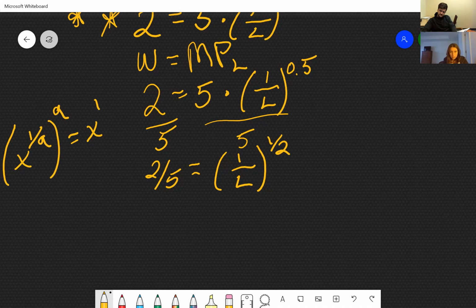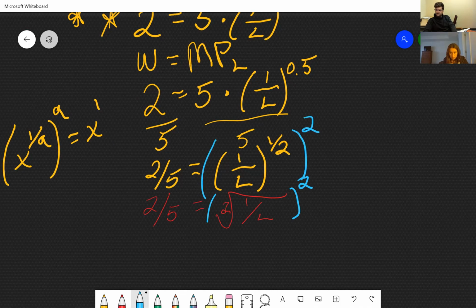This is really just the same as 2/5 is equal to the square root of 1 over L. 1/2 just means the square root. So how do we get rid of a square root? How do we get rid of a to the 1/2 power? In both situations, we're going to square what's going on there, right? But we can't just square one side of the equation. We have to square both sides, because it's the seesaw and it'll get unbalanced otherwise.